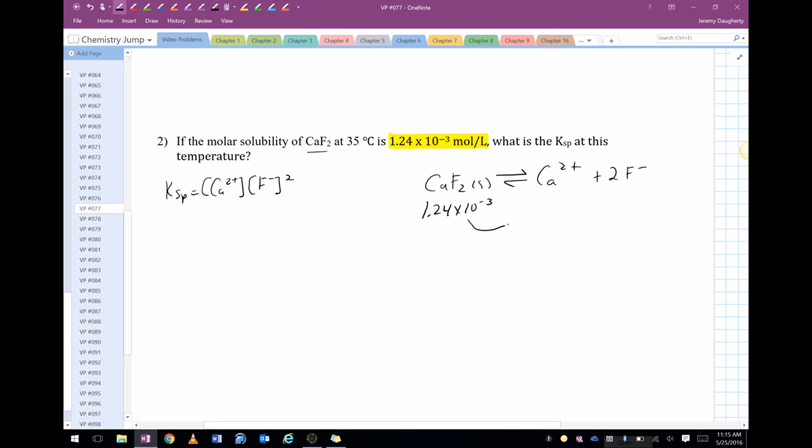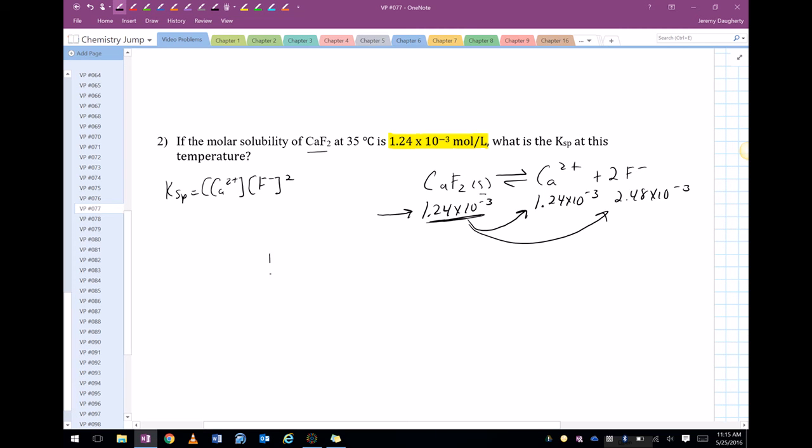So that means I can use this and say that this is also 1.24 times 10 to the negative third, and that this is 2.48 times 10 to the negative third, which is 2 times that value. Again, let me reiterate, this is not the amount of solid that we have. This value is the amount of that solid that actually dissolved, and when it does dissolve, it dissociates completely.